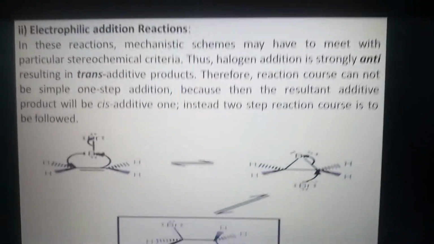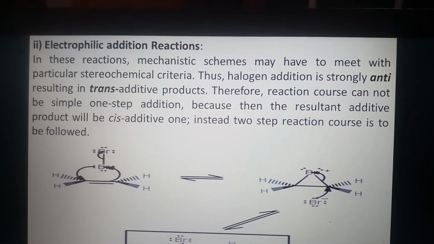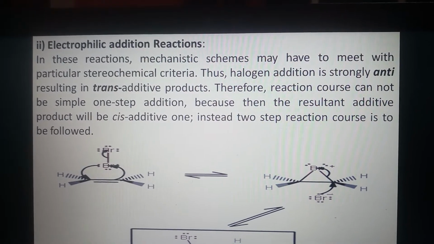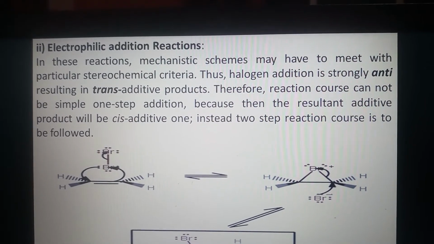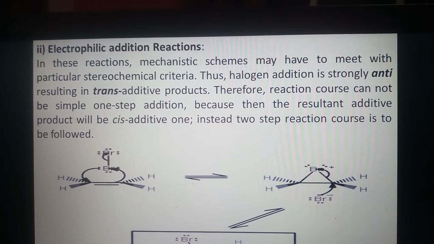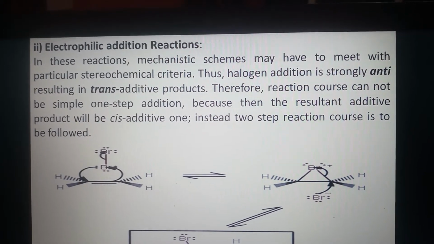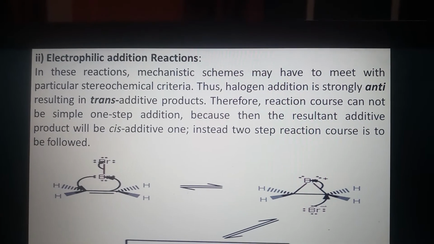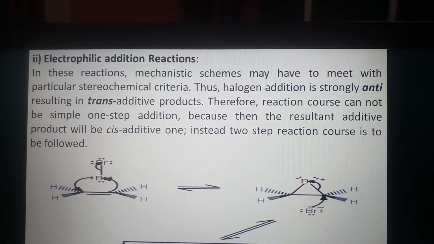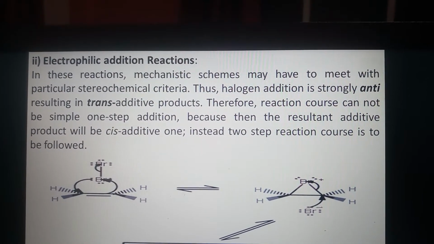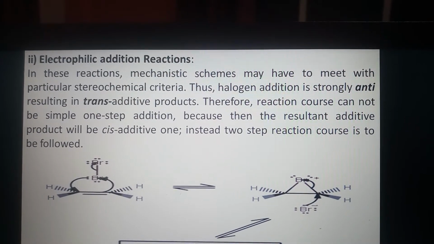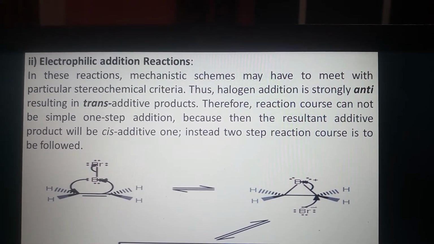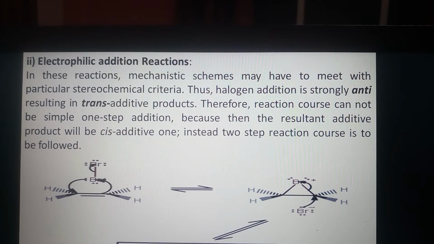Another example is electrophilic addition reactions. In these reactions, mechanistic schemes may have to meet particular stereochemical criteria. Thus, halogen addition is strongly anti, resulting in trans-additive products. Therefore, the reaction course cannot be a simple one-step addition, because then the resultant additive products would be cis-additive.